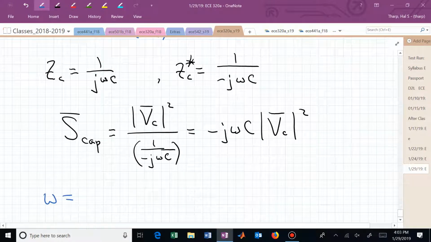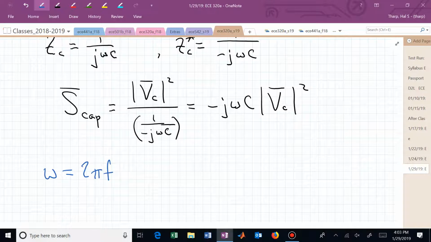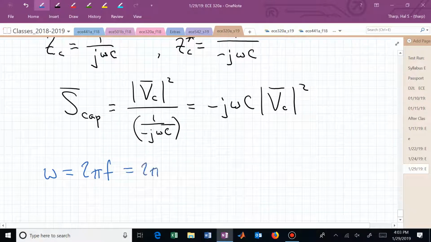What's omega? It's 2 pi f, right? If you don't know what omega is, you know it's 2 pi f, and in the United States, what's f when we're talking about power? 60. So now we have 2 pi times 60.